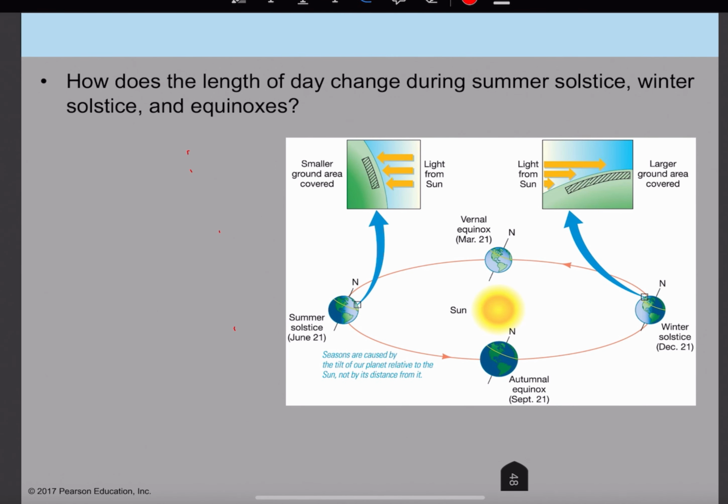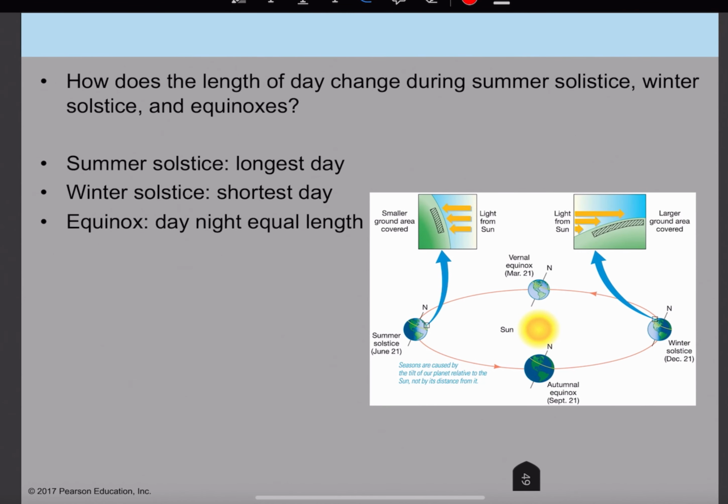Okay, next one. How does the length of day change during the summer solstice, the winter solstice, and during the equinoxes? Okay, so during the summer solstice the northern hemisphere points towards the sun, so you get more sunlight.